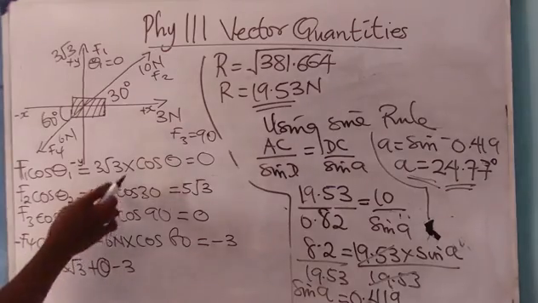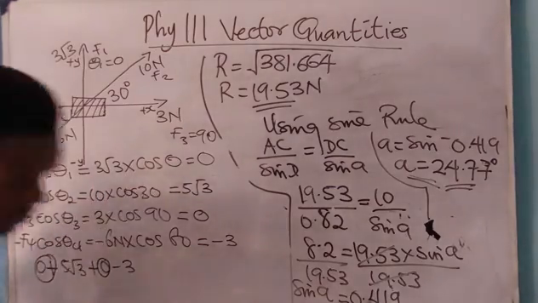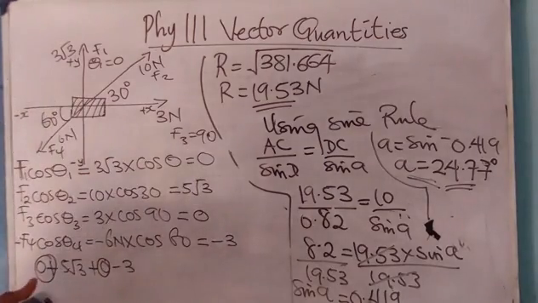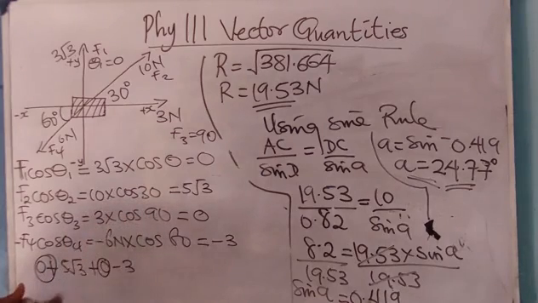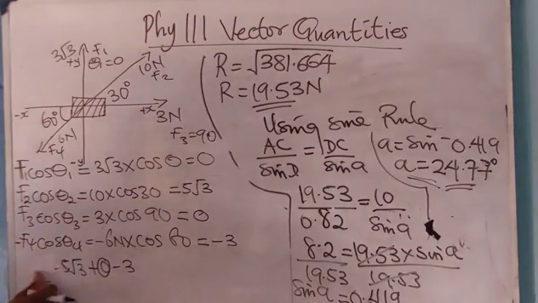Are you sure this angle I got here is correct? I was checking it just now. I don't know where I got this question from. Okay, I think I'll solve with what I have here.